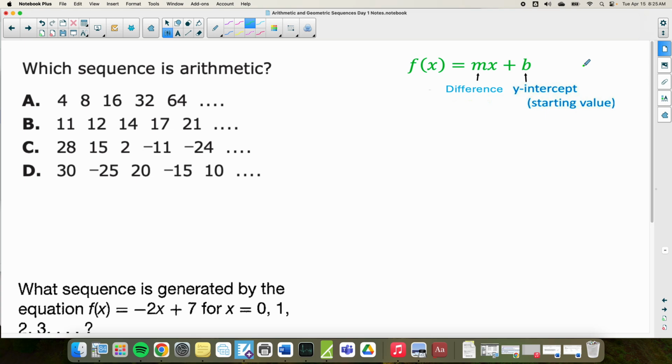C. What does it look like they're doing each time? Subtracting 13, okay? This one, aren't they multiplying it by 2? So that's going to be a geometric sequence that we'll talk about in a little bit. This one doesn't really have a pattern at all, nor does that one. So C is the one, they're subtracting 13 each time.